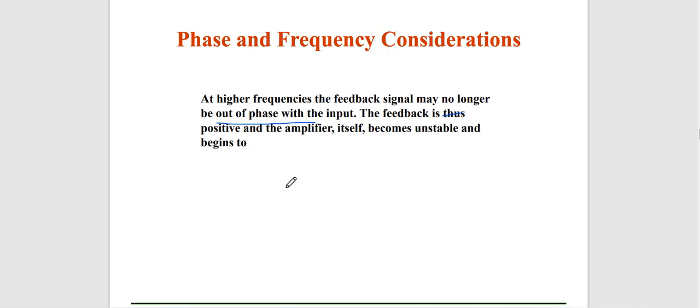And for the frequency consideration, we have to use resistive components as the main component of the feedback. So the frequency response will not be affected by a pure resistive element. But if we put in a capacitor and inductor, the frequency will be distorted.